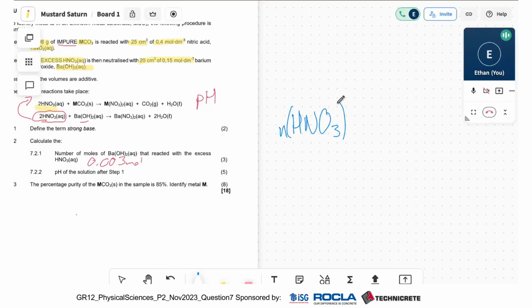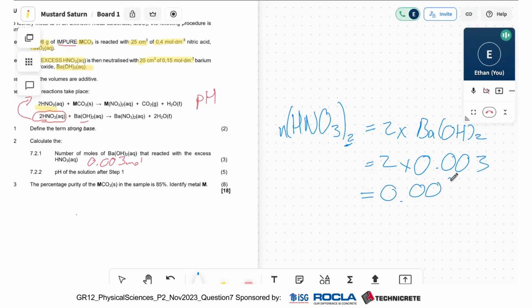Maybe you can put a subscript 2 there, or whatever makes sense to you to know what we're calculating. So this is the moles in step 2, equals twice the amount of moles of the barium hydroxide, Ba(OH)2. So this equals 2 times 0.003, which, just using your head, is 0.006. Okay, so that's the first thing we can do.